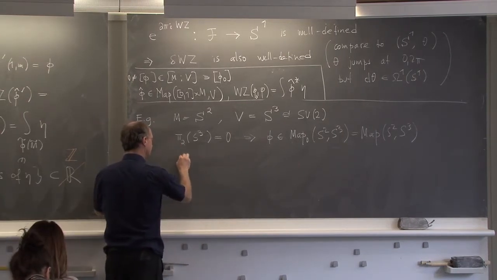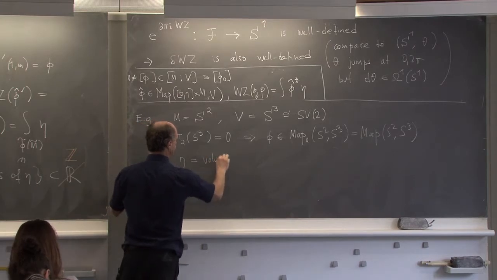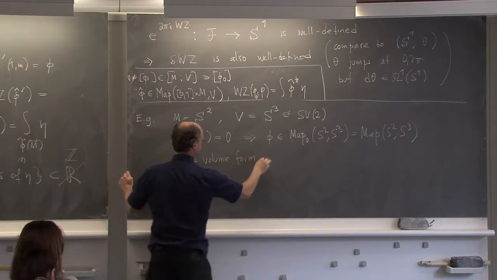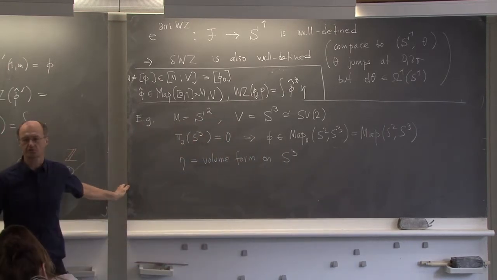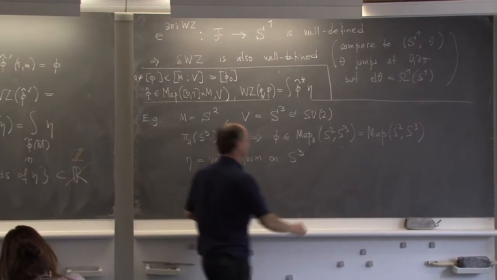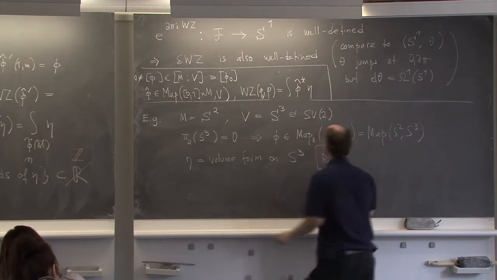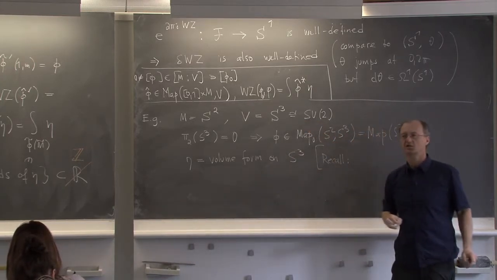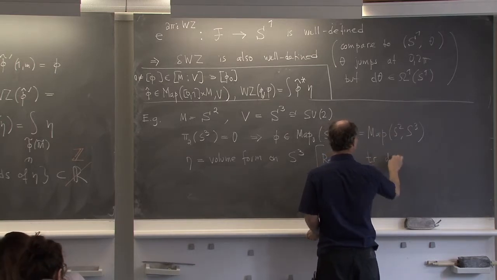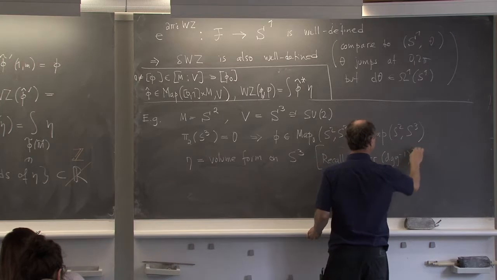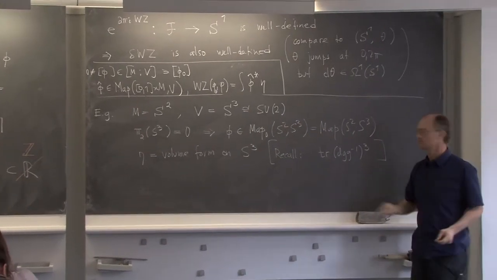Now, eta, we can choose the volume form on S3. Recall, if you think of S3 as SU2, recall that there is this interesting volume form that we were discussing a little bit last term.